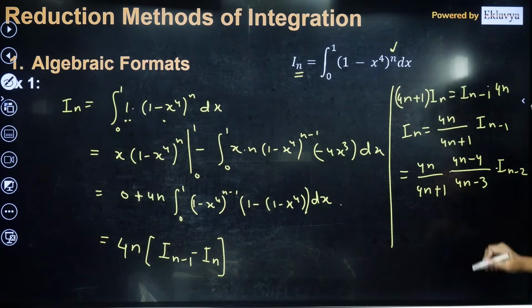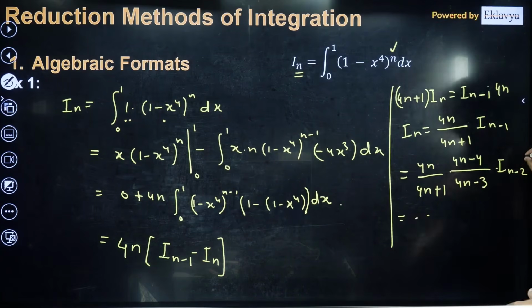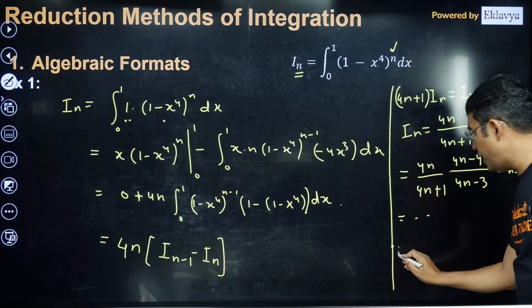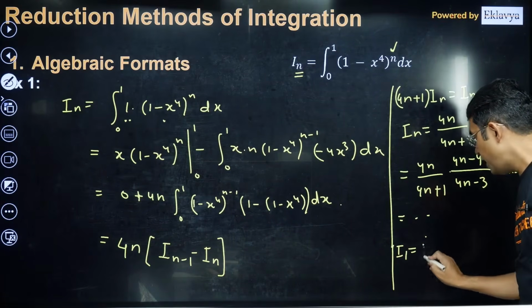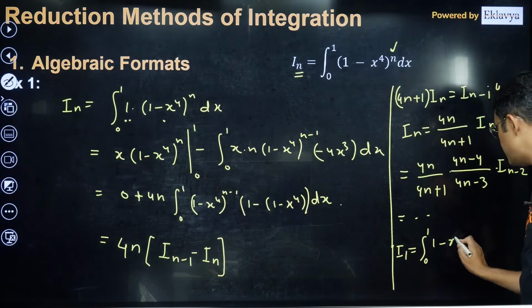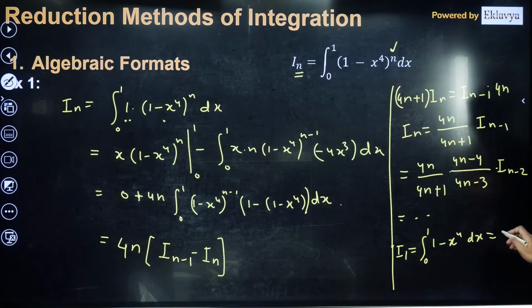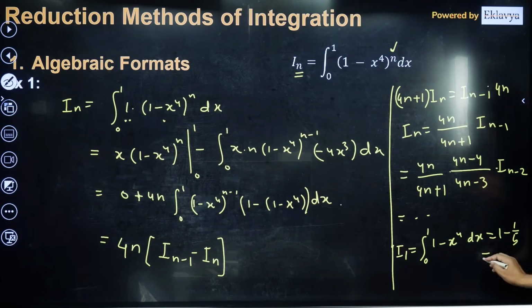So this way you keep on writing it, and finally your answer will be in terms of I₁ or I₀. In fact, these I₁ and I₀ values are very easy to find. I₁ is just the integral from 0 to 1 of (1 minus x⁴) dx. The integral of 1 will be 1, the integral of x⁴ will be 1 upon 5, so this becomes 4 upon 5.